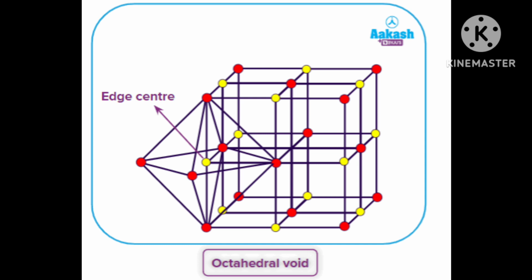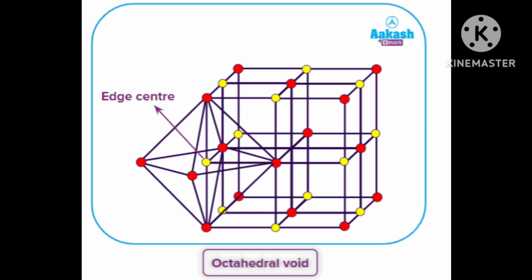One edge is shared by 4 cubes, or 4 units. Four units are making one void. Then for one edge, what is the contribution?